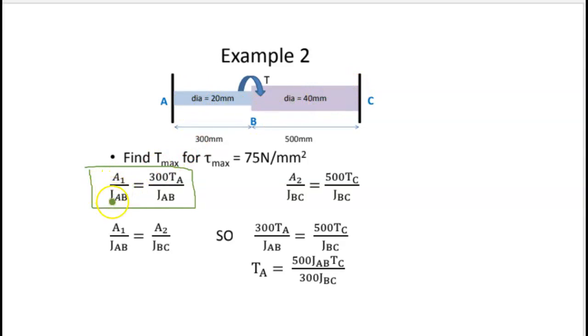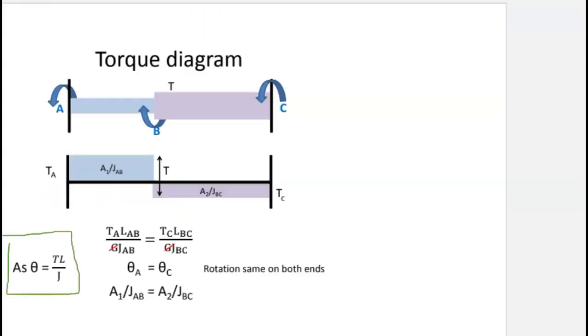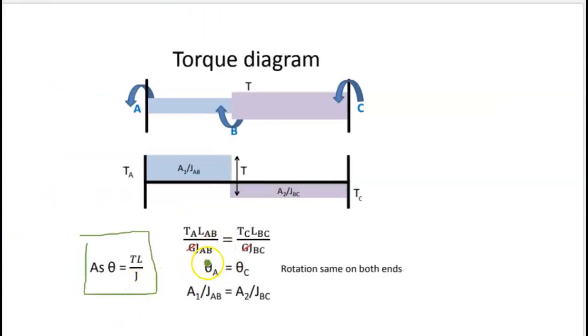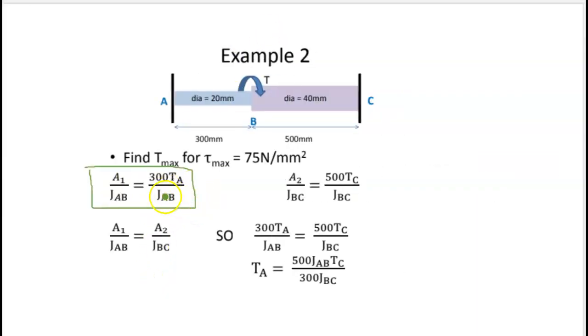So theta over J from A to B should be equal to, which is that formula, theta angle is same as TL over J. That should be equal to 300, where we got the 300 from, times the torque TA divided by JAB.